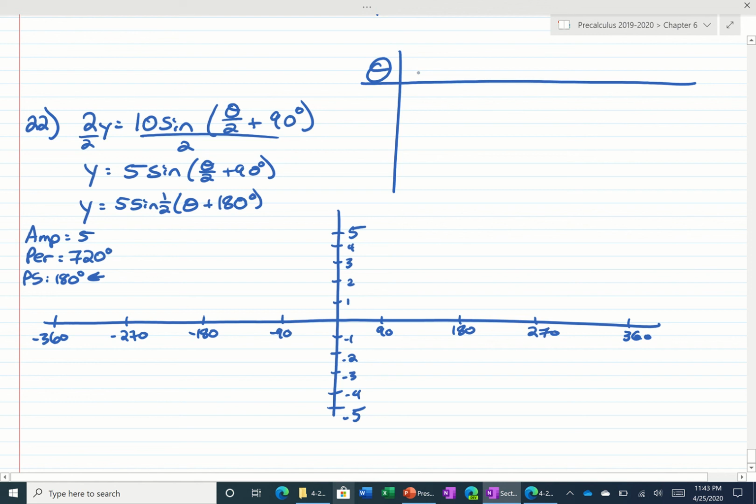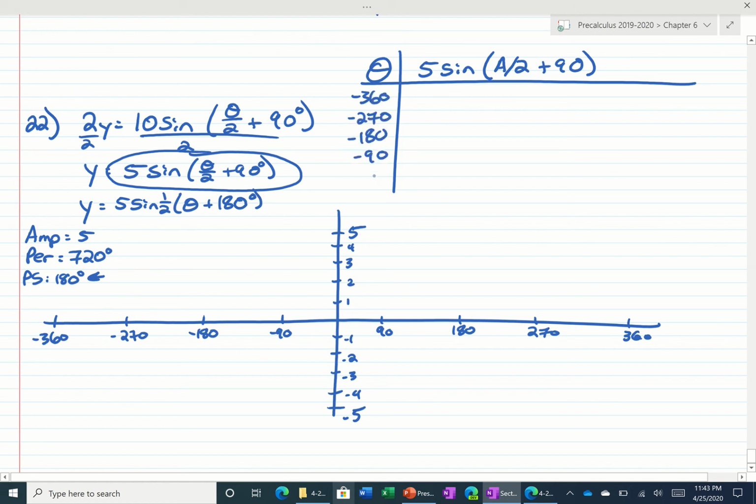I'm going to type this into my calculator. We always use the one with the theta unchanged. So we're going to type in 5 times the sine of A divided by 2 plus 90 degrees. We'll use negative 360, negative 270, negative 180, negative 90, and 0.